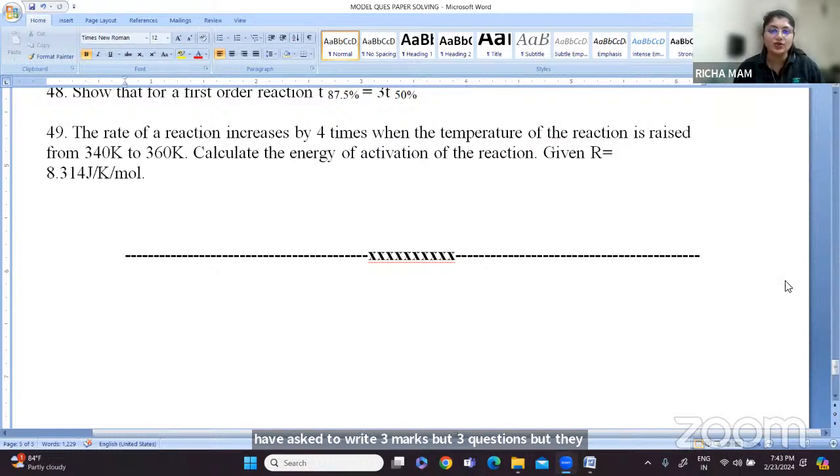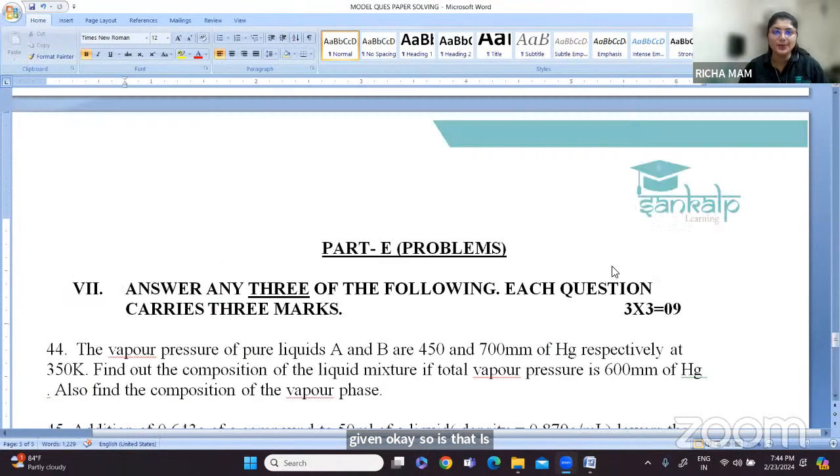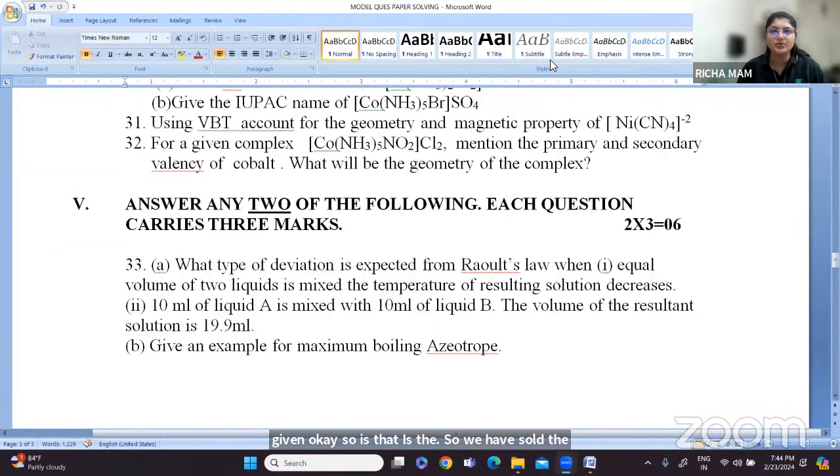So the questions are double, and you can choose whichever you know and write any 3 or any 5, depending on what the question is. Is it clear? So we have solved the complete one model question paper of chemistry.